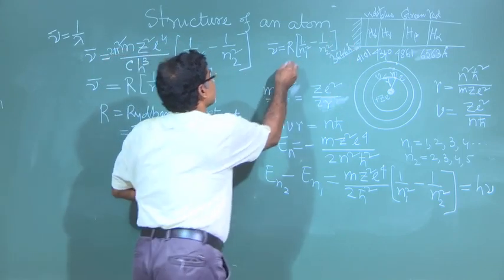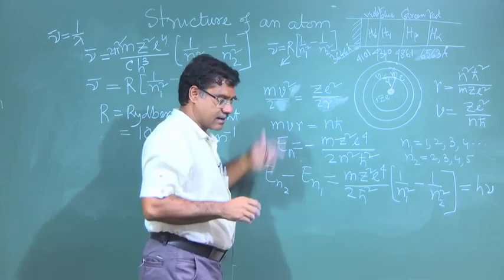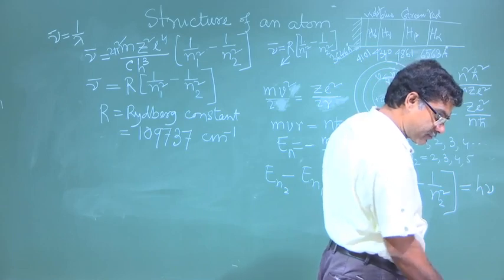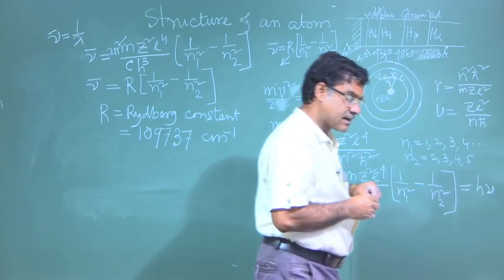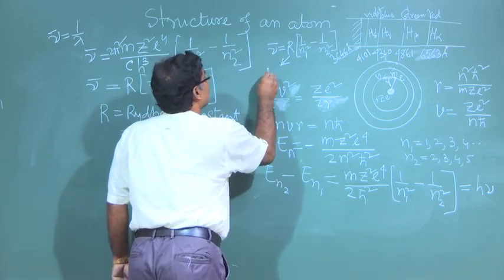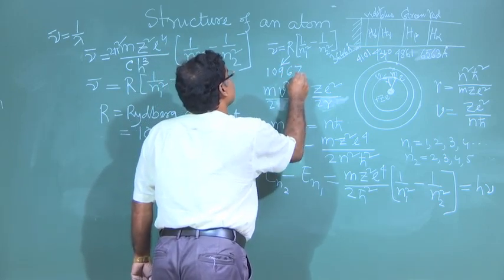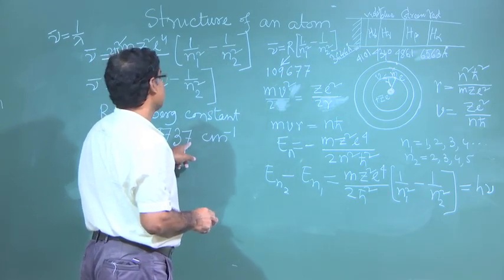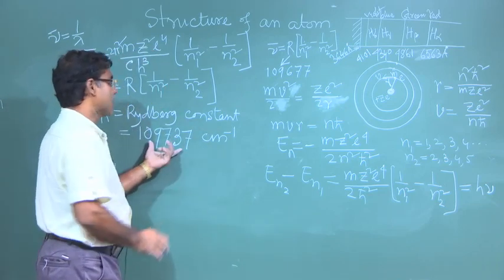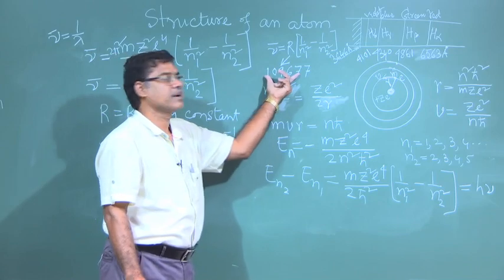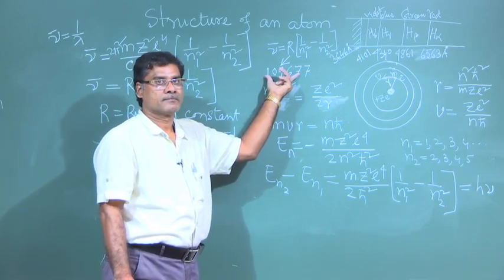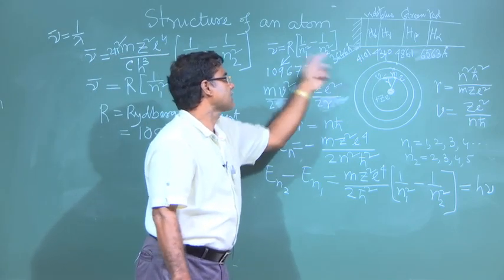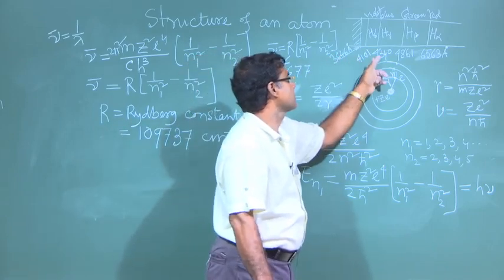So, the experimental value taken was 109,677, while this one is 109,737. So, it was slightly higher than the experimental value. Otherwise, everything is fine. So, this value can reproduce the wavelength or, in terms of wave number.